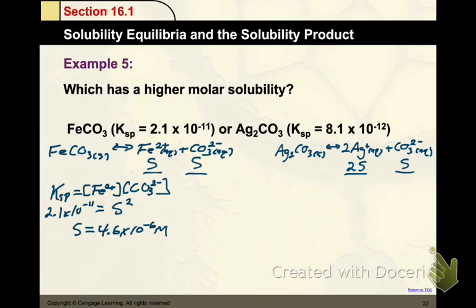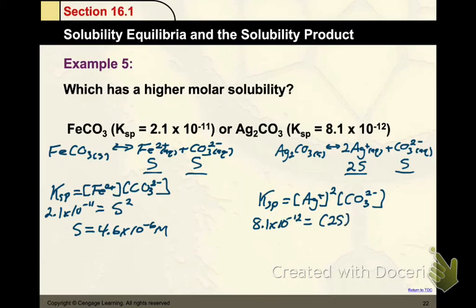So let's look at our KSP. We'll have KSP equal to Ag+ squared times CO3 2-, or 8.1 times 10 to the negative 12 equals 2s squared times s, which is essentially, if you simplify that, 4s cubed.